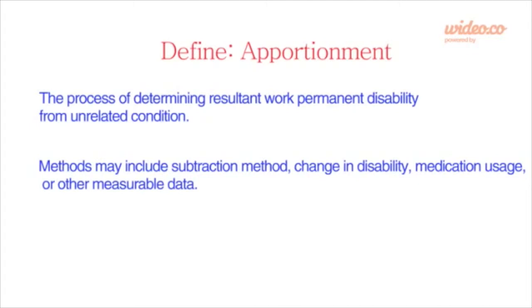Again, using an approach like this, we would say 50% to the pre-existing condition and 50% to the new work-related condition. As long as the medical provider is using some measurable data that is directly related to or a measurement of the permanent disability, this can be defensible and used in the report as a basis for opinion.